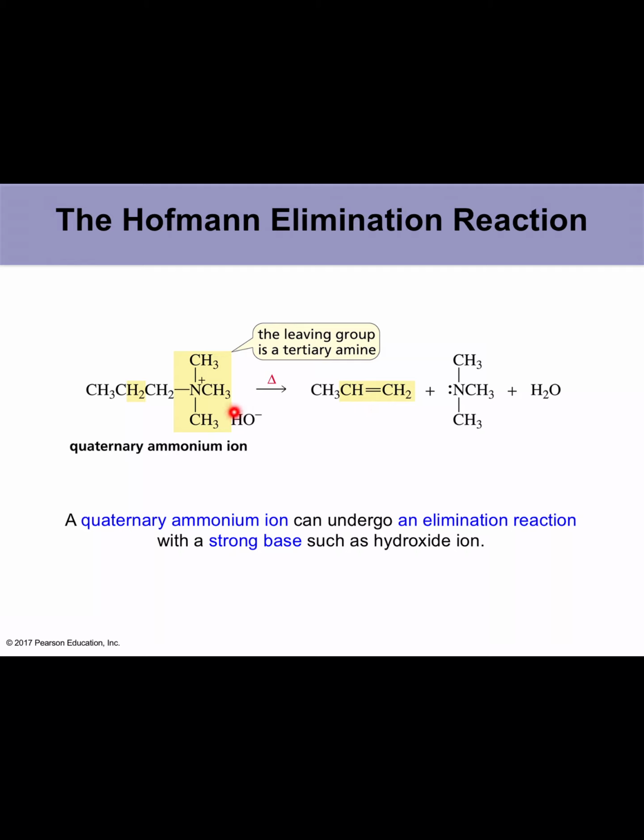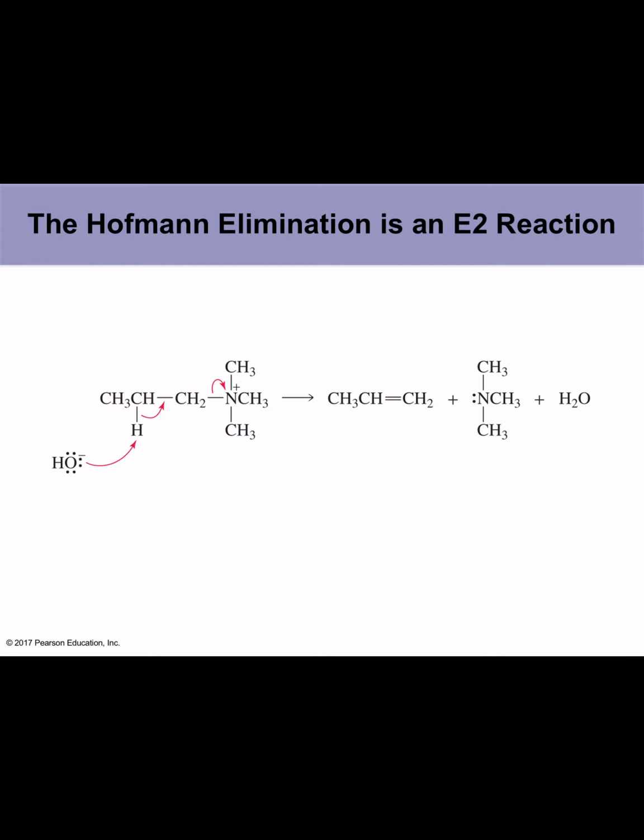So this part over here is going to fall off or break away from the molecule, and then it will end up having a trimethylamine. A quaternary ammonium ion can undergo an elimination reaction with a strong base such as hydroxide ion, and we will see how the mechanism takes place in this process.